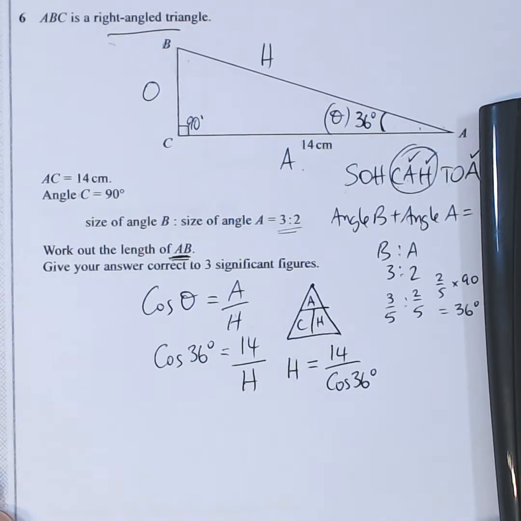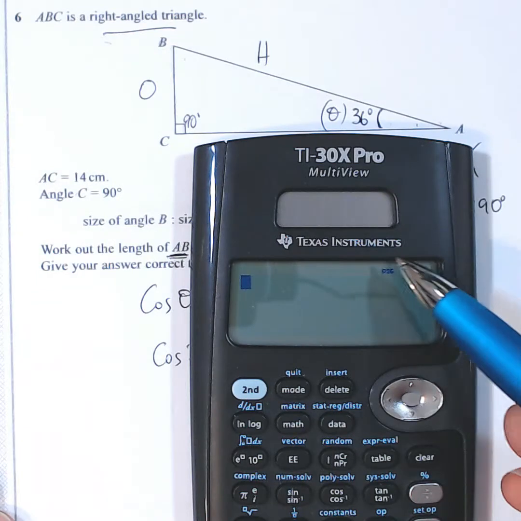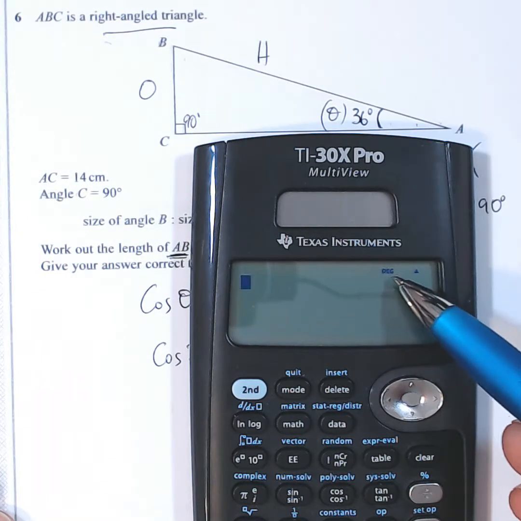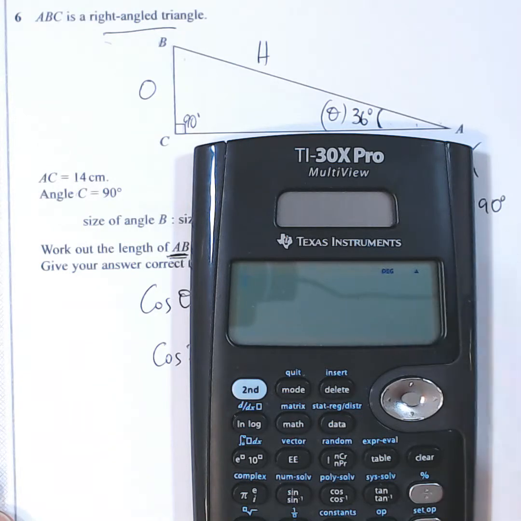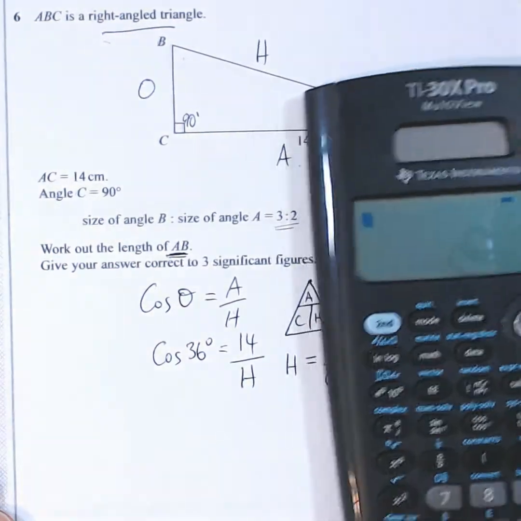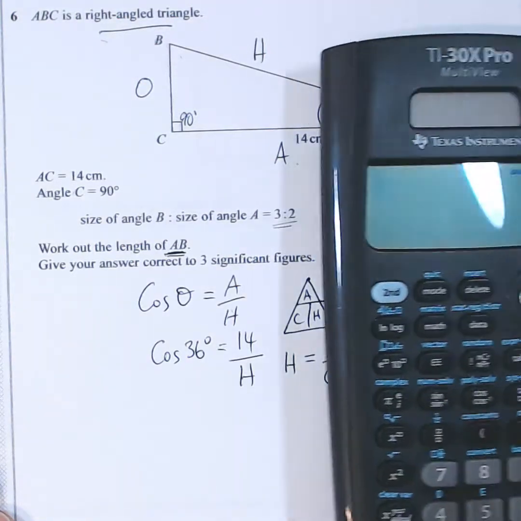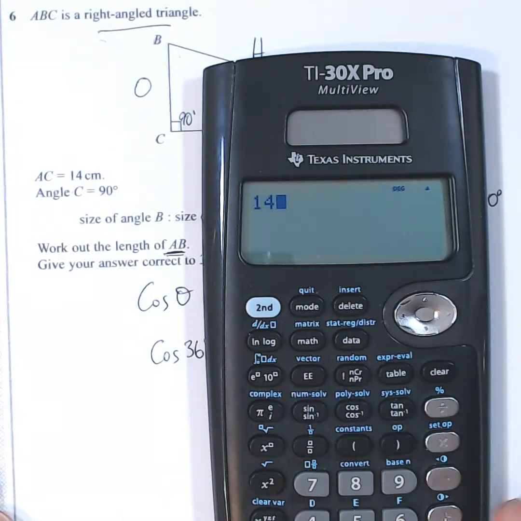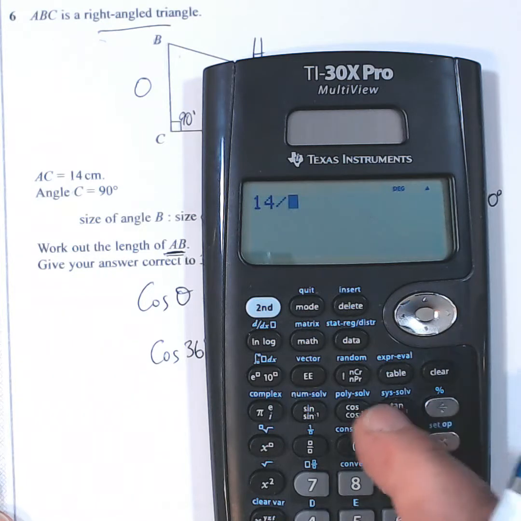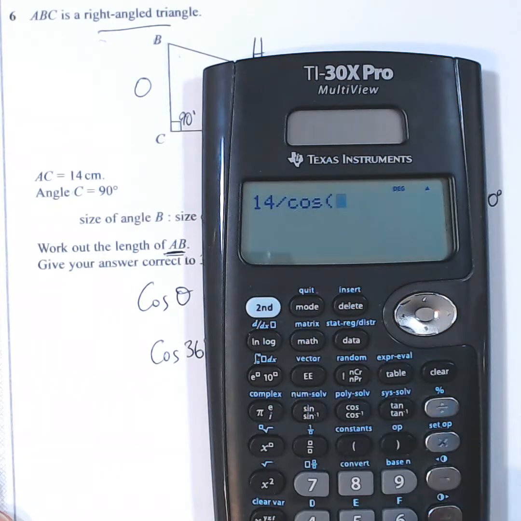So we make sure our calculator is working in degrees mode. So you should either see on your screen the letters DEG, short for degrees, or the letter D, short for degrees. Make sure that's the case. If not, learn how to reset your calculator. So we have to do 14 divided by the cosine of 36 degrees.